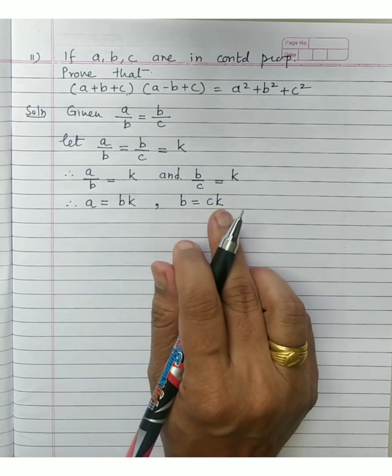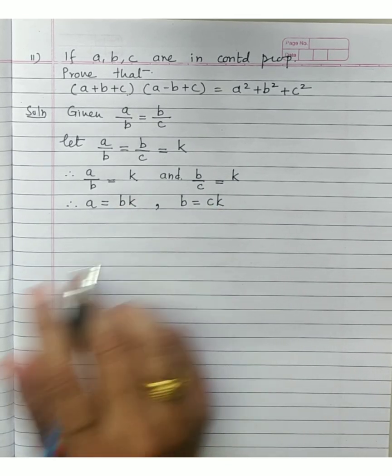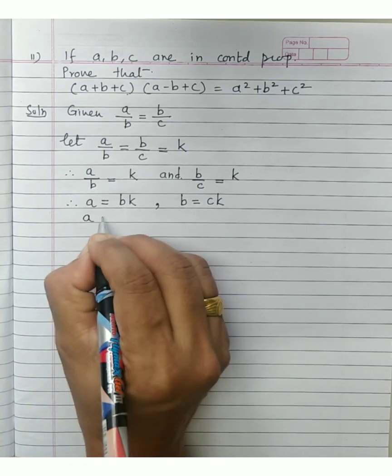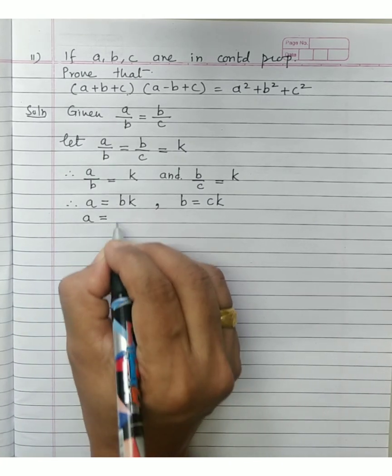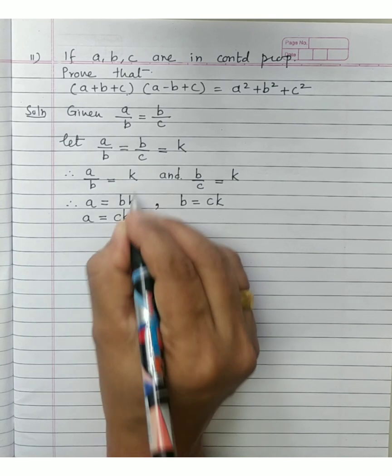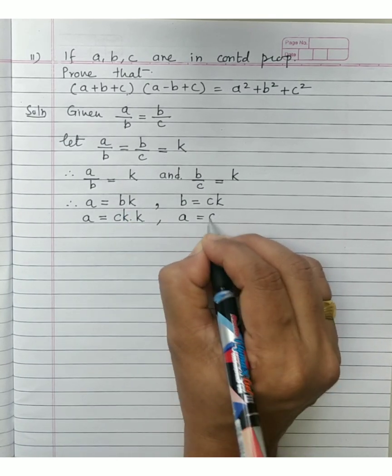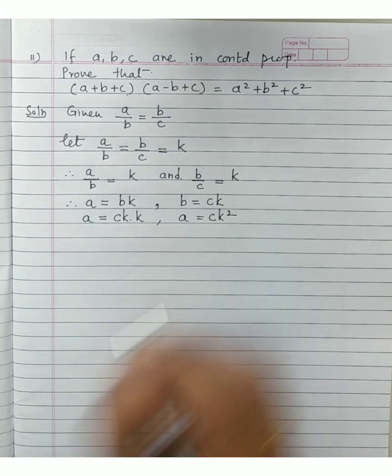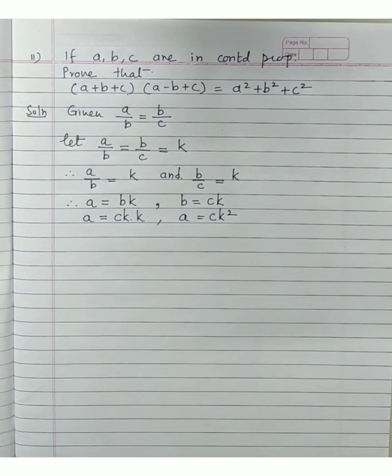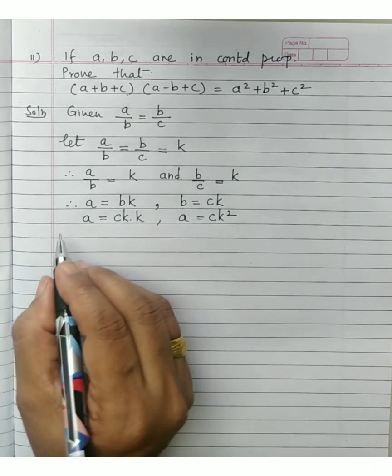Since B is expressed again in terms of C, this B also I will replace by CK. So A is equal to B, that is CK, and already K. Did you get it? Therefore A is equal to CK square. A and B both are expressed in terms of C and K. This is how it simplifies.